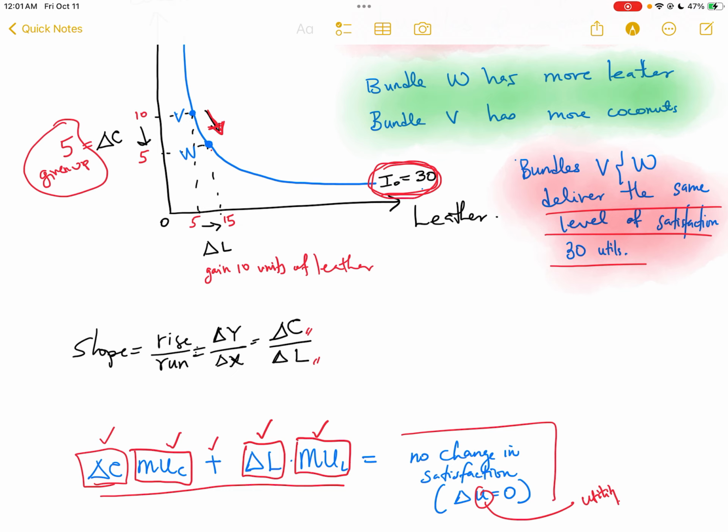And of course, there is no change in the level of satisfaction that this indifference curve gives us. It's going to be 30, right? There's no change. It stays at 30. So when I say there is no change, 30 minus 30 is 0. No change in utility. So all of this is set equal to 0.